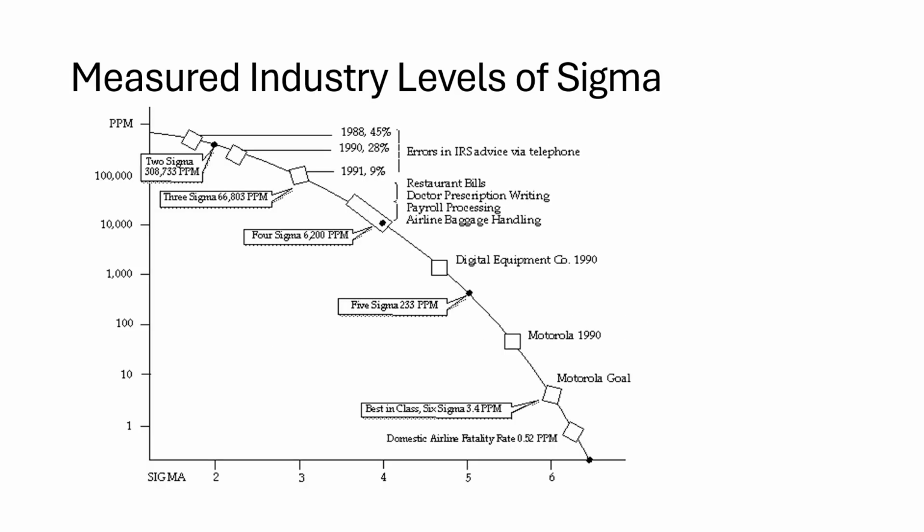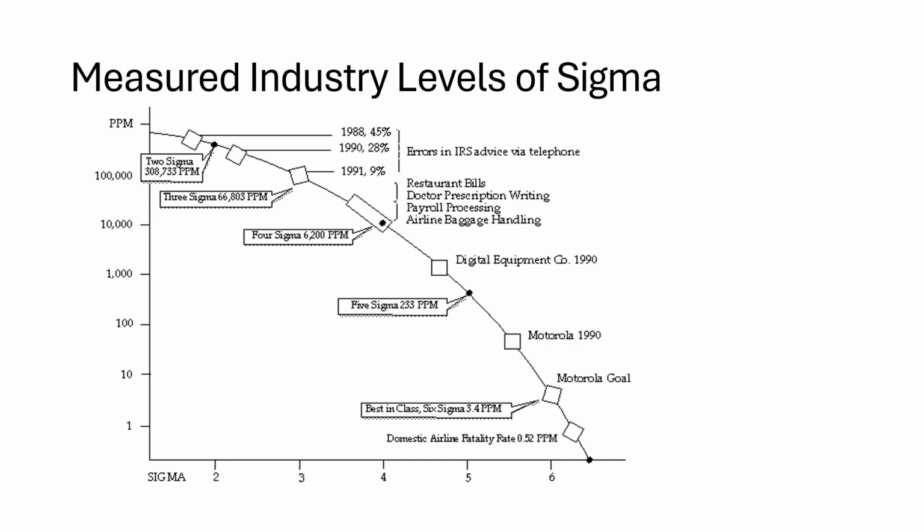Let's examine the measured industry levels of sigma. At a 2 sigma level, we have close to 309,000 defects per million opportunities. That's not good at all.